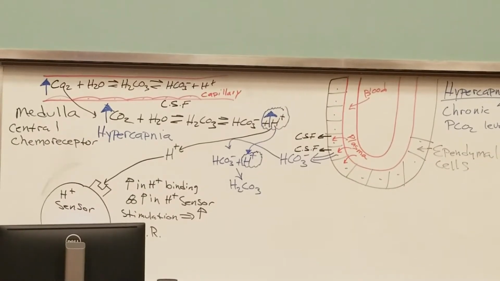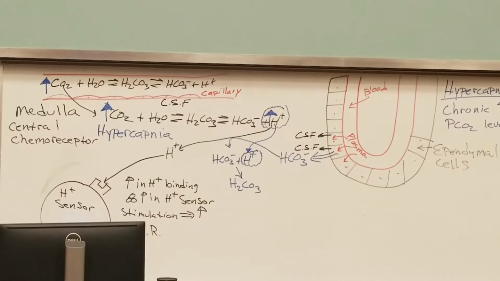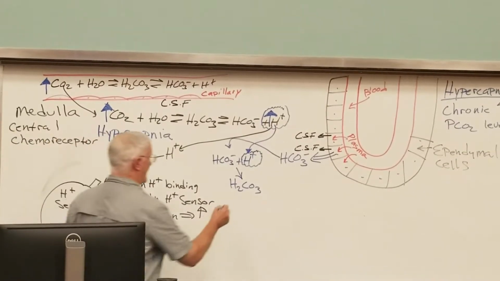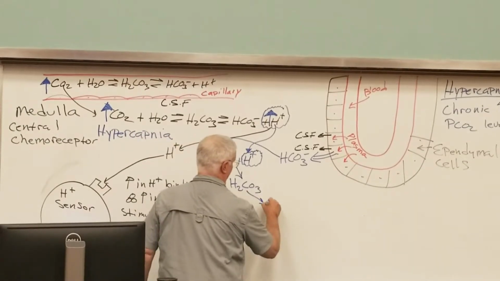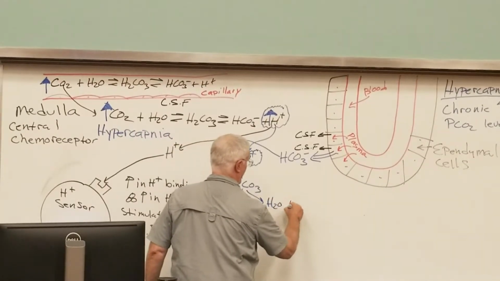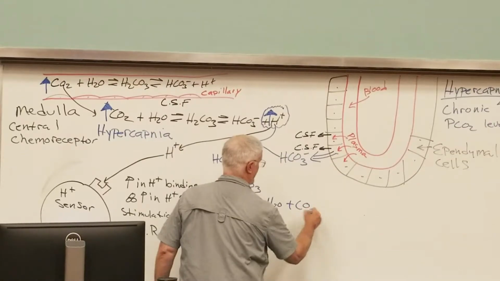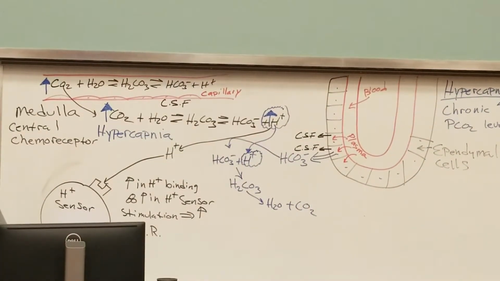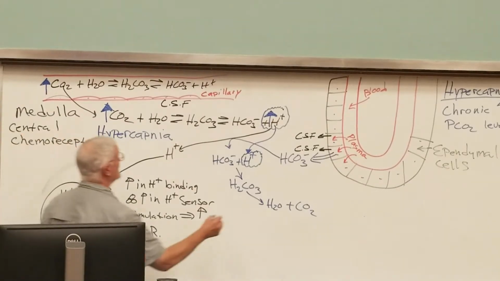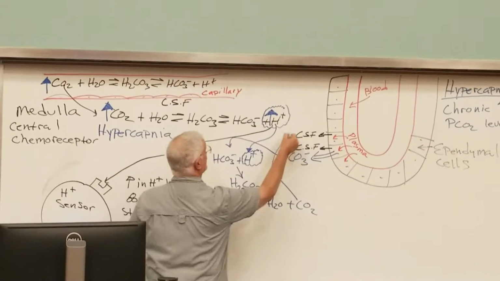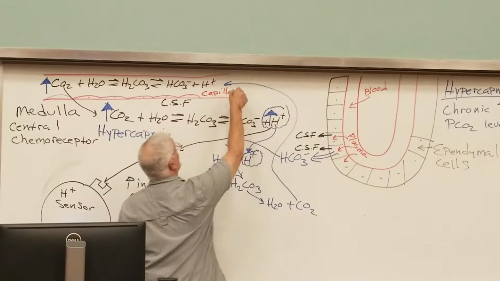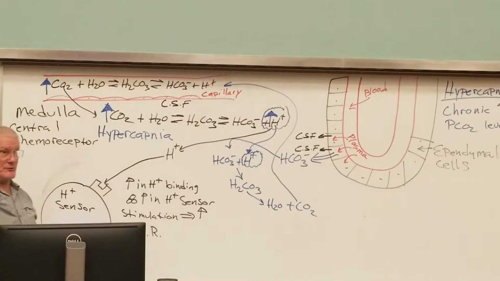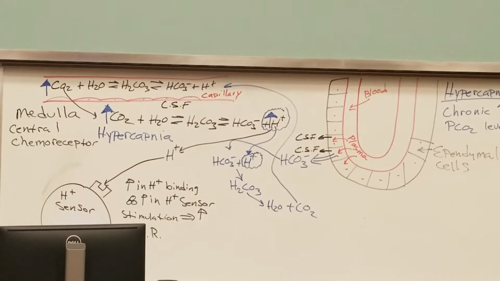Now, what will carbonic acid become? CO2 and water, right? So then that'll become H2O plus CO2. Can CO2 cross the cell membrane? Yeah, and so that CO2 can maybe go into your blood, which helps to further increase your arterial CO2 values.